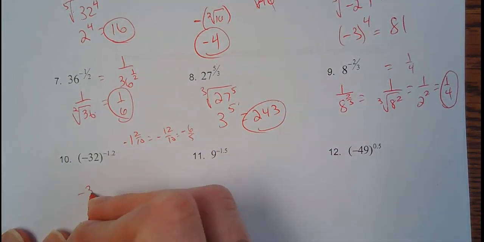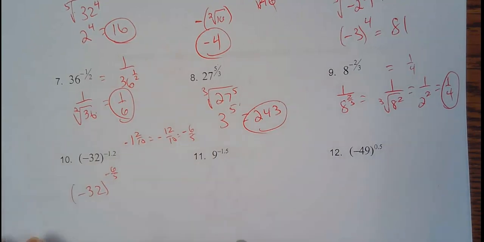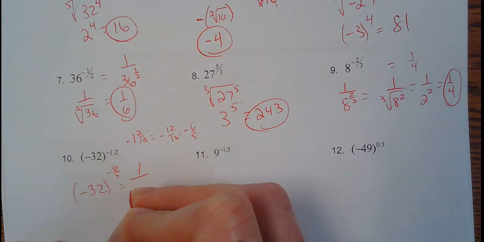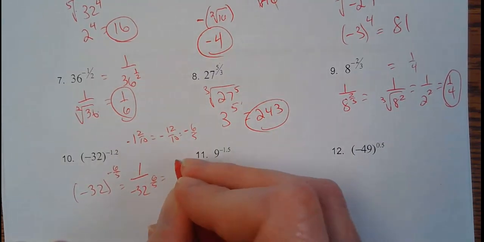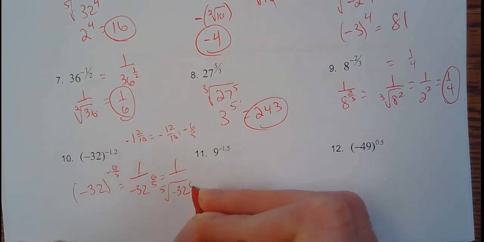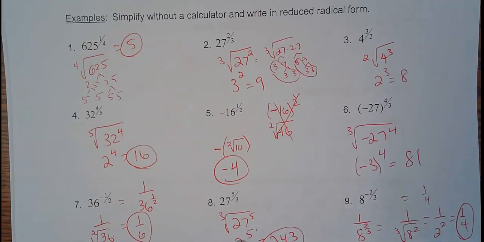So I'm going to take negative 32 to the negative 6/5, which means the negative means it's going to be 1 over. So it's going to be 1 over negative 32 to the positive 6/5, which equals 1 over, this is negative 32, the fifth root. So the fifth root of negative 32. Now earlier we did the fifth root of 32. Where was it at?